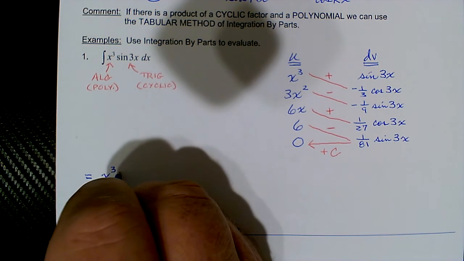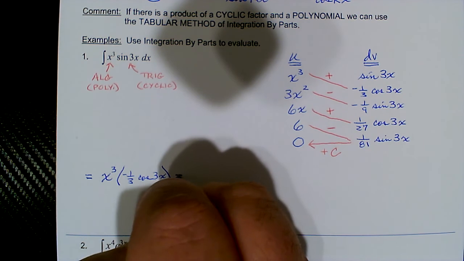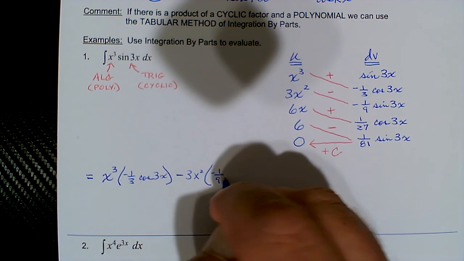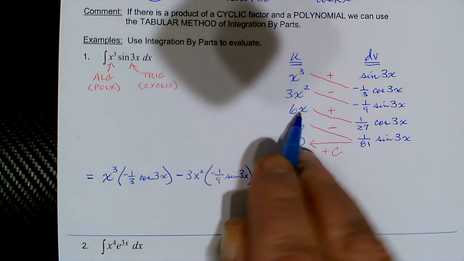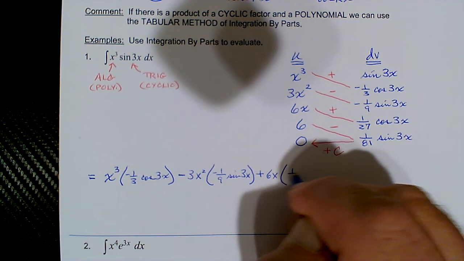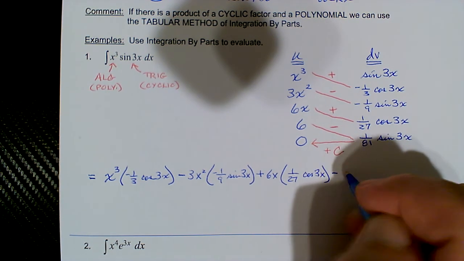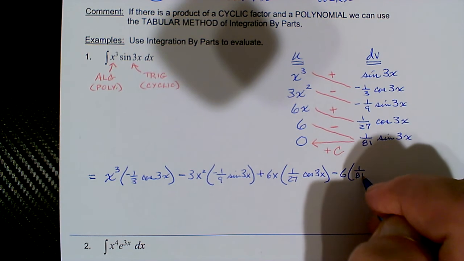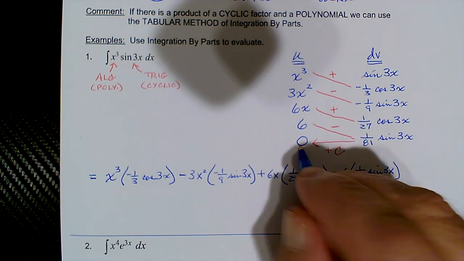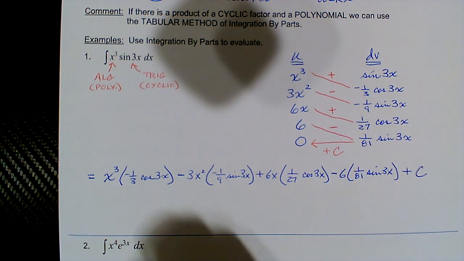So first diagonal positive, x cubed, negative 1/3 cosine 3x, next diagonal negative, 3x squared, negative 1/9 sine of 3x, next diagonal here, positive 6x, 1/27 cosine 3x, next diagonal negative 6, 1/81 sine of 3x, and then the horizontal product should be the integral of, but it's the integral of 0, and as we just argued, that can be considered to just simply be the constant of integration.